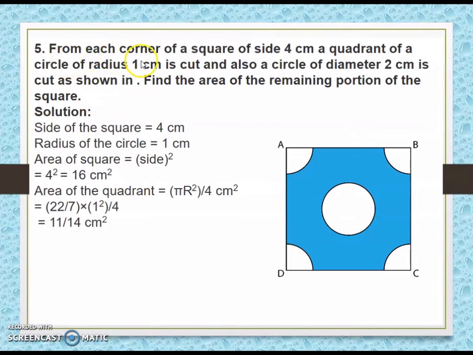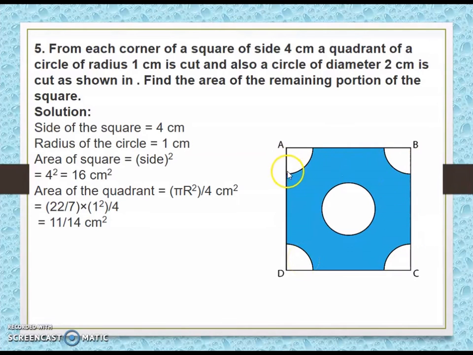Fifth one, from each corner of a square of side 4 centimeter, a quadrant of a circle of radius 1 centimeter is cut, and also a circle of diameter 2 centimeter is cut as shown in the figure. Find the area of the remaining portion of the square. So this is a square of side 4 centimeter. From each of the corners, one quadrant is cut out.